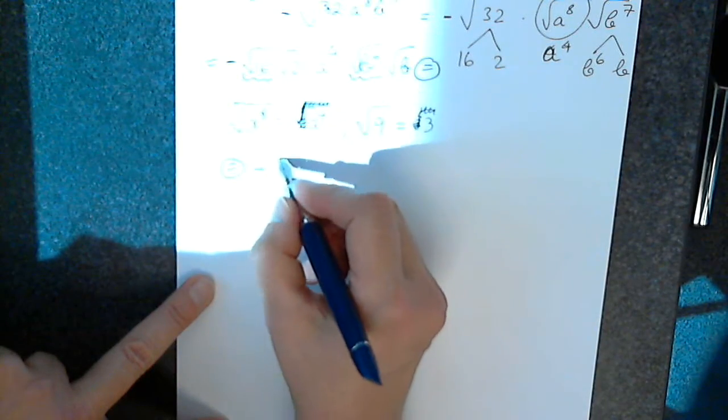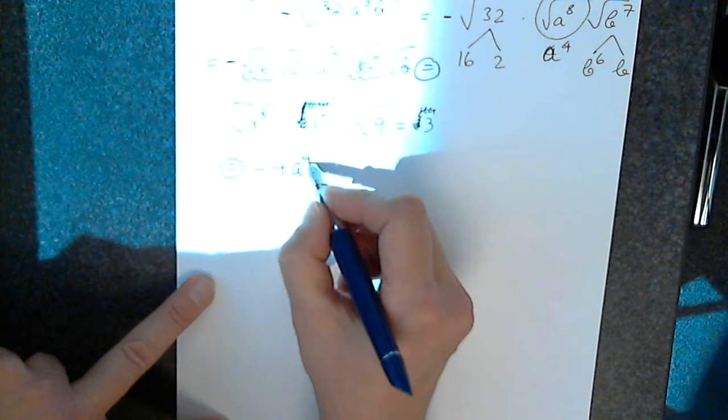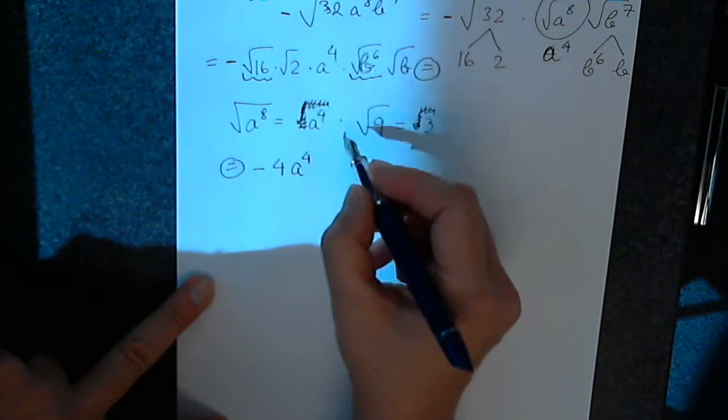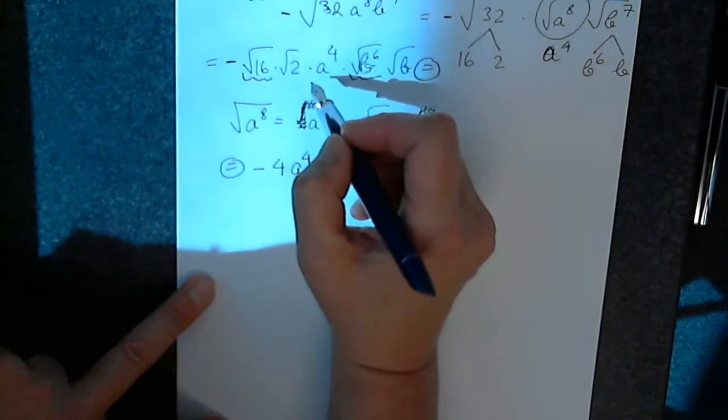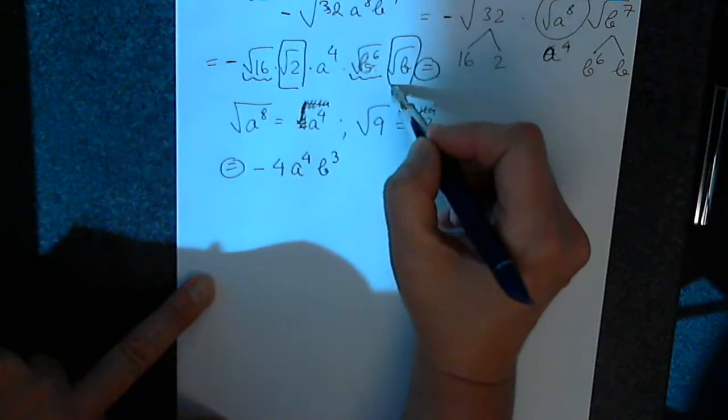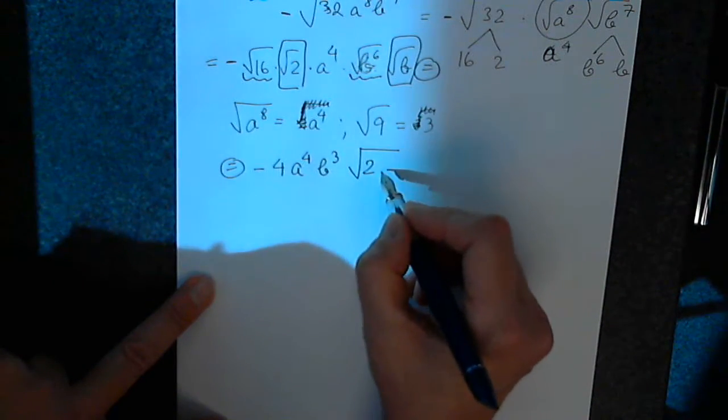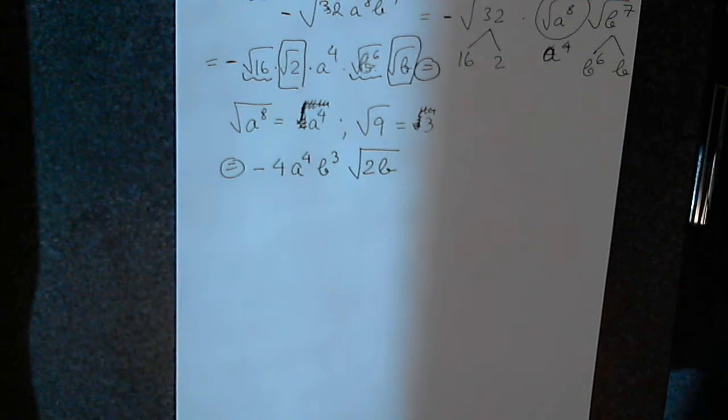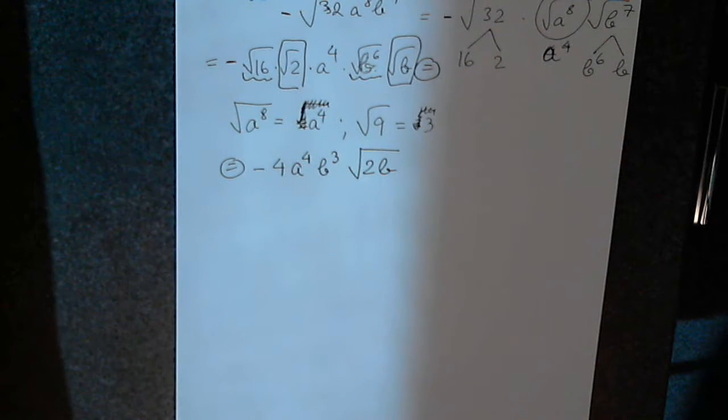So negative 4, a to the 4th, b to the 3rd, and now this and this have to stay under the same root. This is useful, but not a lot of variables. If it's more than 2 variables, it's not that useful, but it's the same thing for the future in math.